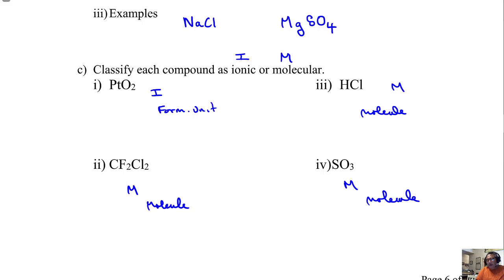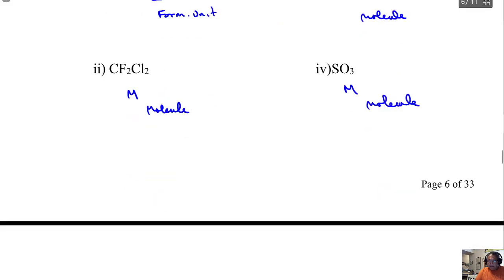All the others are molecules or molecular formulas. HCl, these are nonmetals. SO3, those are nonmetals. And CF2Cl2, those are also nonmetals. So this is how you go about identifying covalent molecular compounds versus ionic.